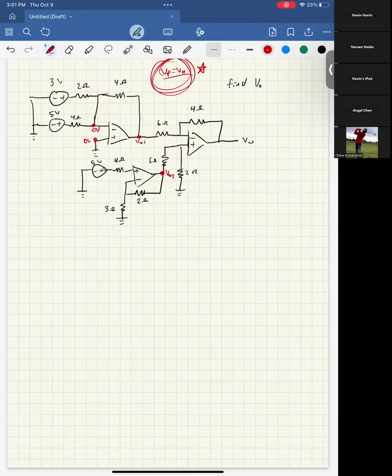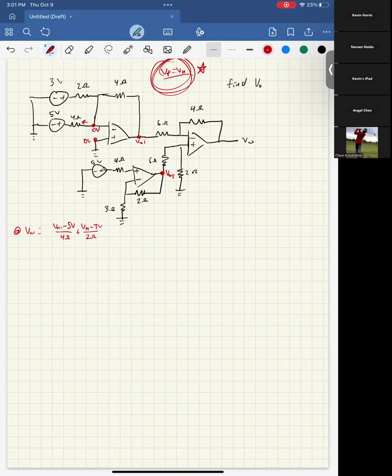So I'll say at VN1, we have VN1 minus 5 volts, that's that bottom path, over 4 ohms, plus VN1 minus 3 volts over 2 ohms, right?